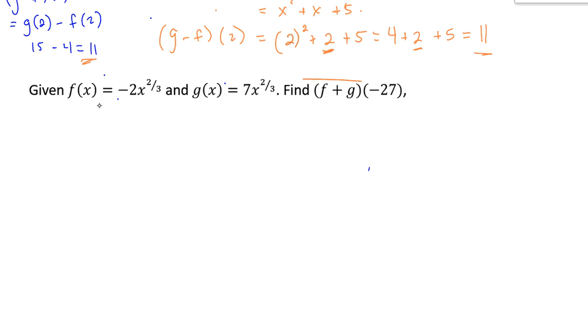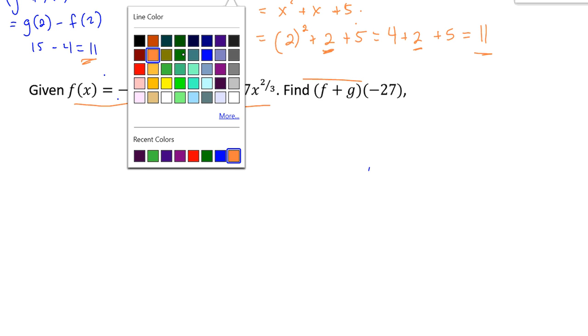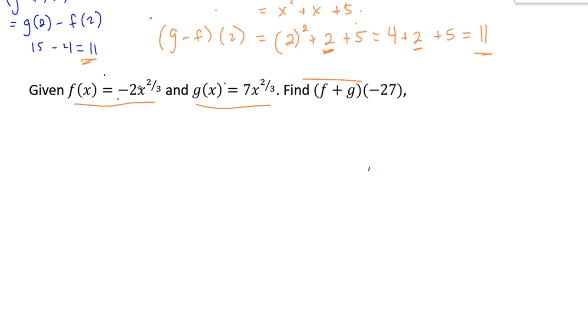Okay, this one right here, given f of x equals this, g of x equals that. Now this is going to draw on further back memories, good memories, of what the properties of exponents are. So f plus g of negative 27. We need to find f of x plus g of x, which is negative 2x to the 2/3 power plus 7x to the 2/3 power.